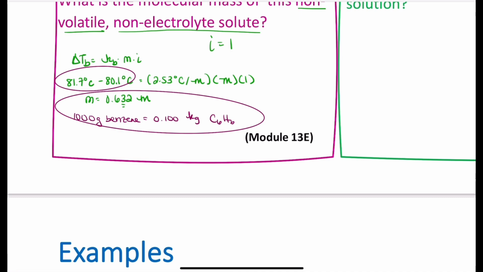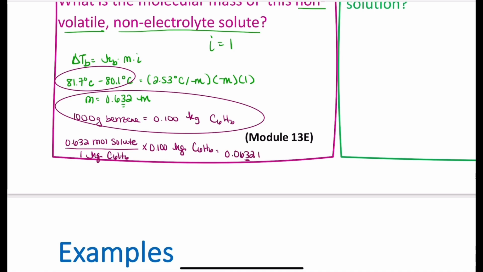I know my molality means I have 0.632 moles of my unknown for every 1 kilogram of benzene. Multiply that by my 0.1 kilograms of benzene, and I have 0.0632 moles.